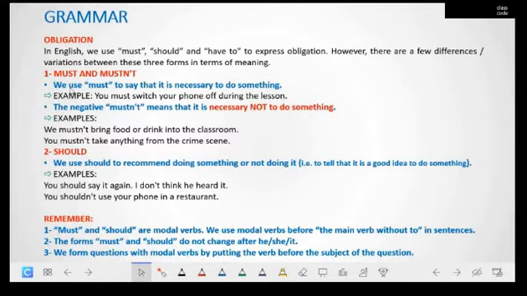Right, I'm still waiting for your responses. As I said, they are similar, but of course there are some differences.